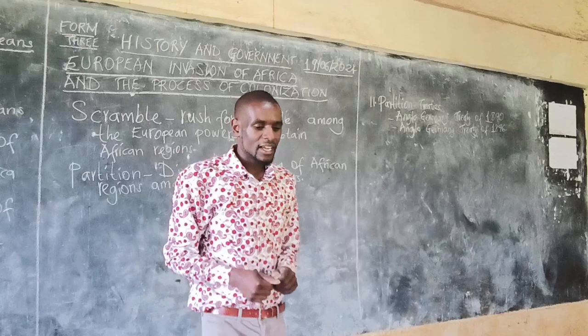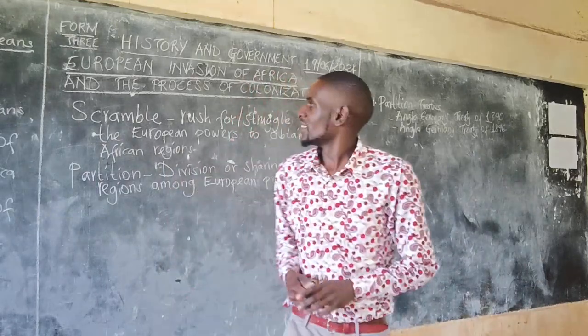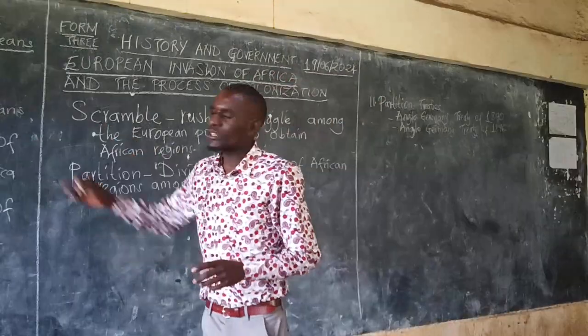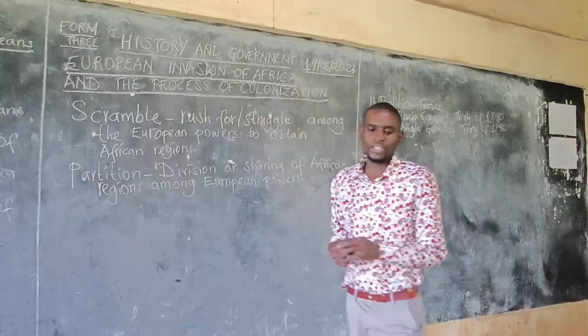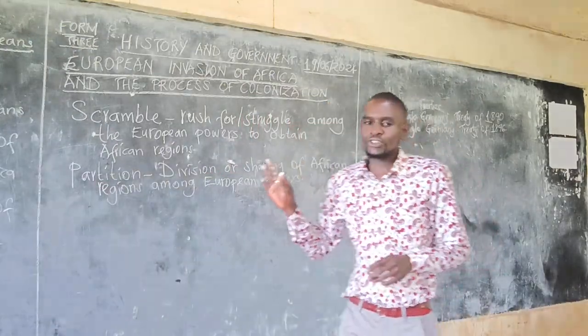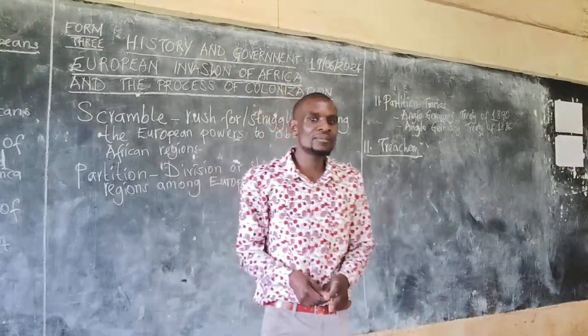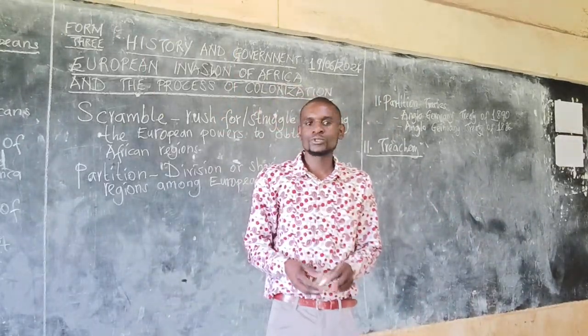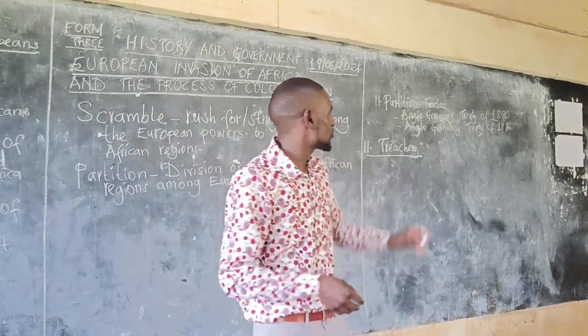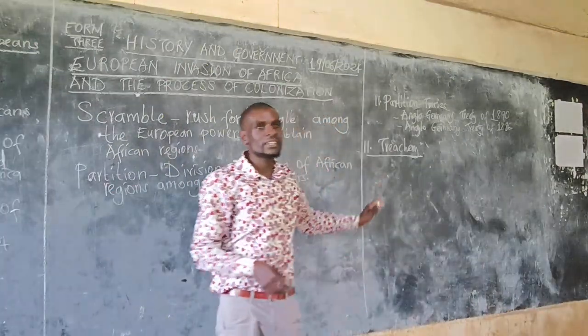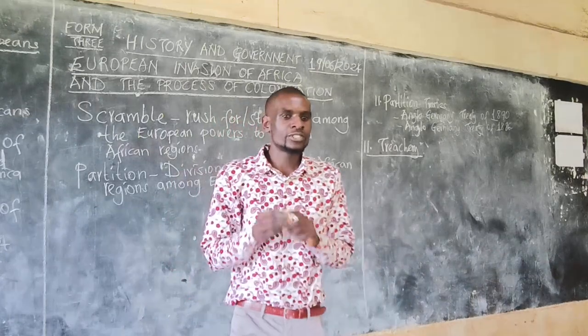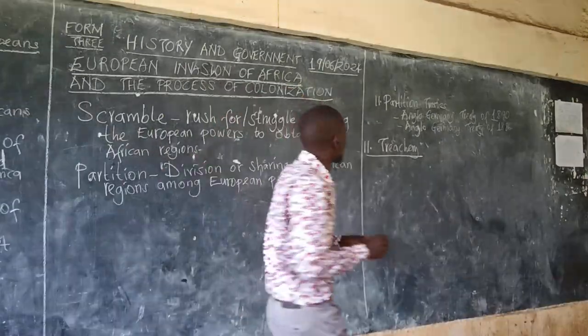Now, after looking at the signing of treaties, one of the methods used by the Europeans to acquire colonies in Africa, the other method was tricking Africans with presents.